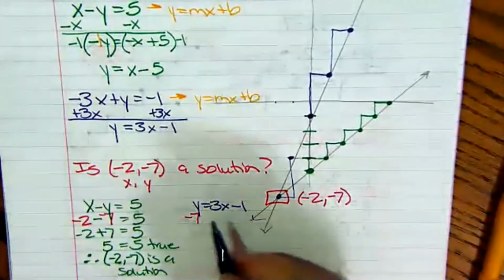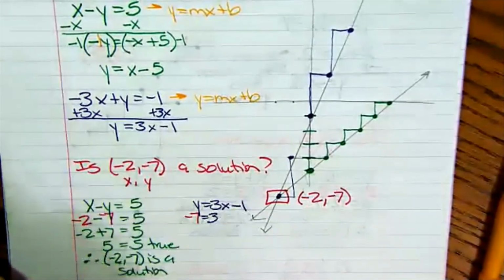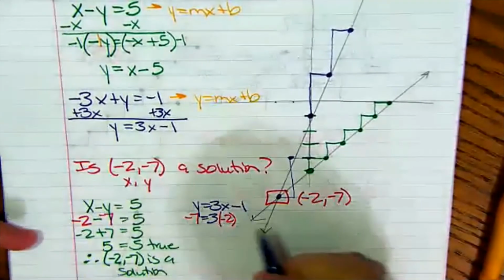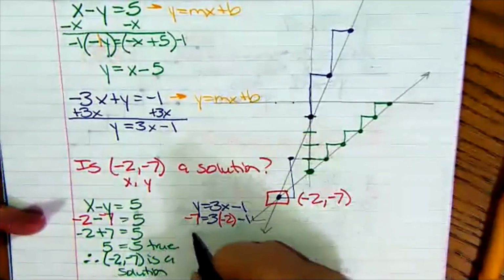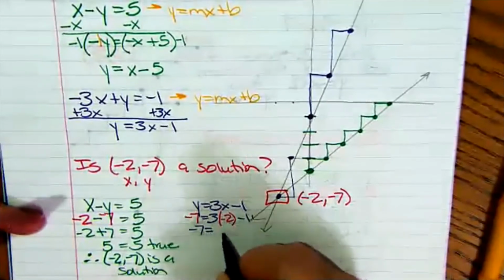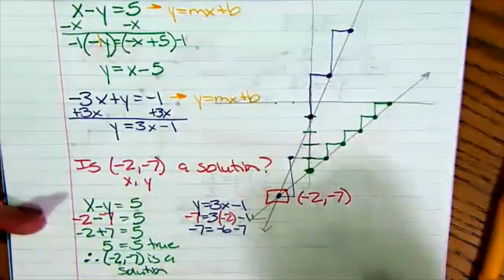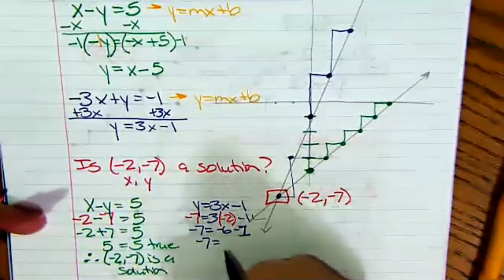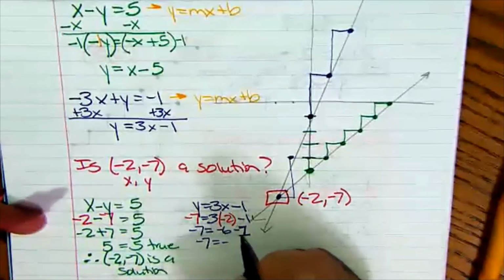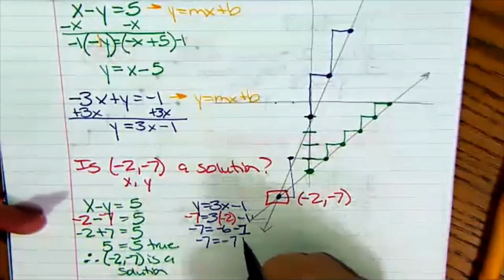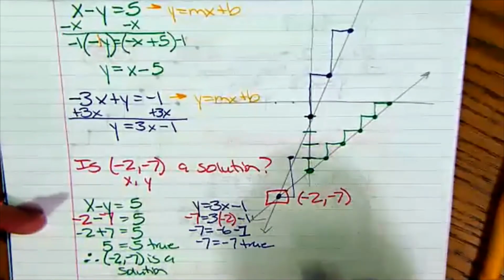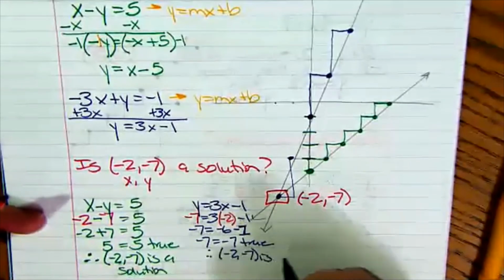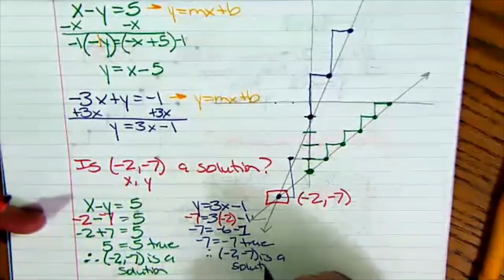Negative 7 equals 3 times negative 2 minus 1. 3 times negative 2 is negative 6 minus 1. Negative 6 minus 1 is negative 7. That is true. Therefore, negative 2, negative 7 is a solution.